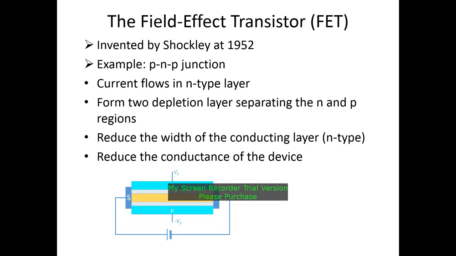For the PNP junction field effect transistor, the battery is connected across the middle layer, the N layer. There are three layers. The first is the P layer, in the middle is the N layer, and at the bottom is the P layer. Between the two P layers and the N layer, there are two depletion layers.